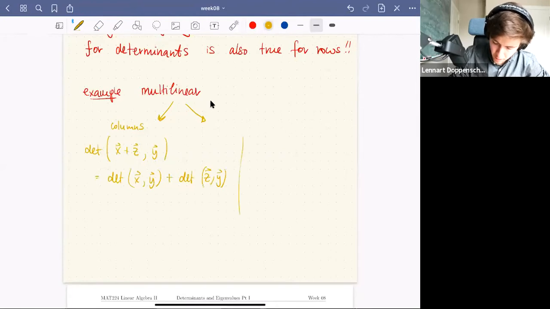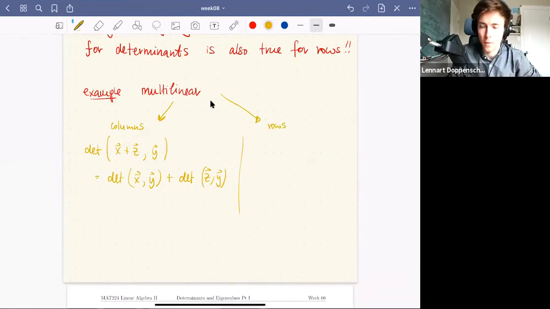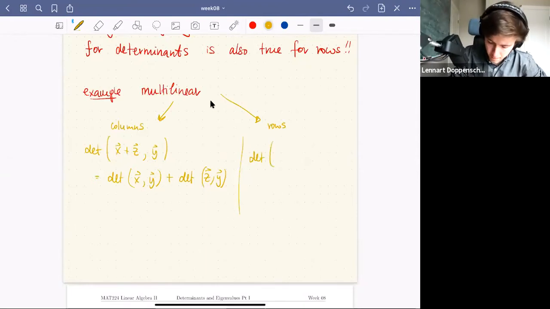But we could have also done the same thing for rows. And then we would have said that the determinant of this, which is the reason why I don't like this notation, of x plus z as columns.